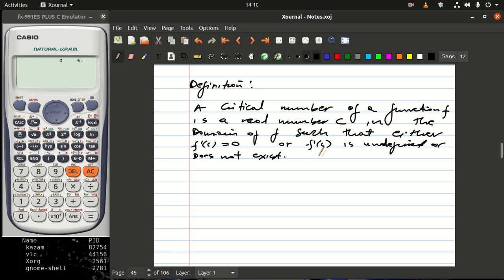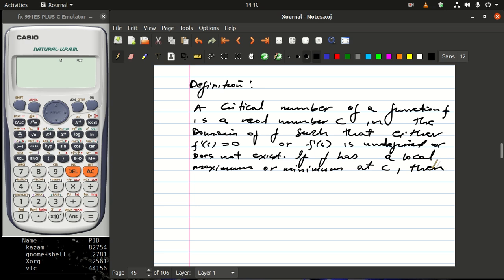So what we're saying here is, if f has a local maximum or minimum at c, then c is a critical number.